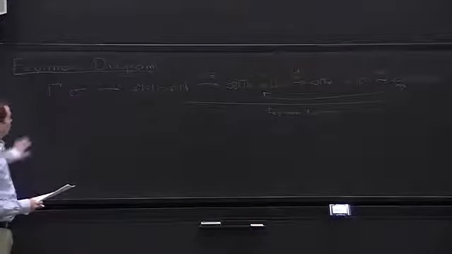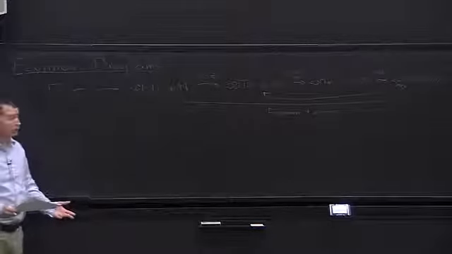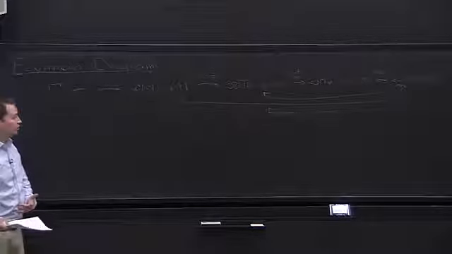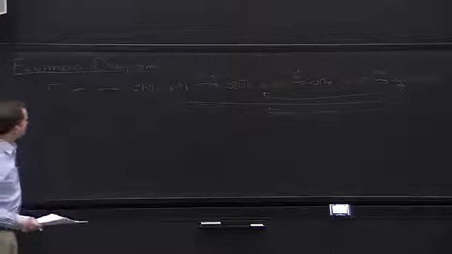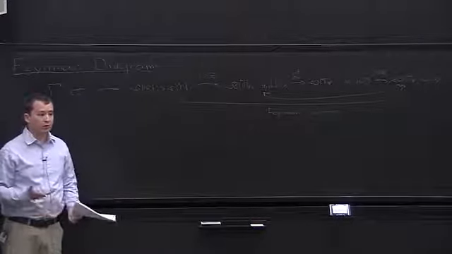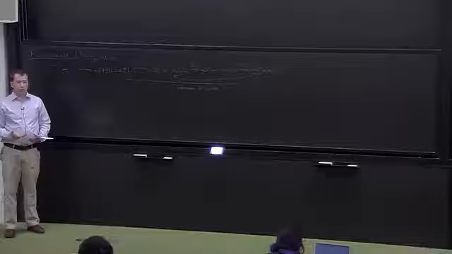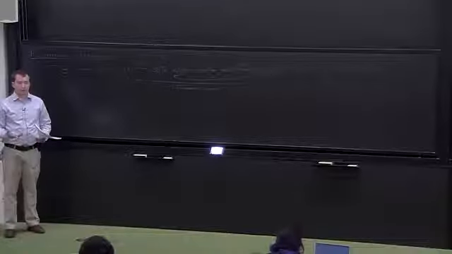Before we do that, I'd just like to thank you for the feedback on the survey. There's one comment that was more of a question that I'd like to address. One question on the survey was asking about the different normalizations that you see in different texts for the ladder operators.